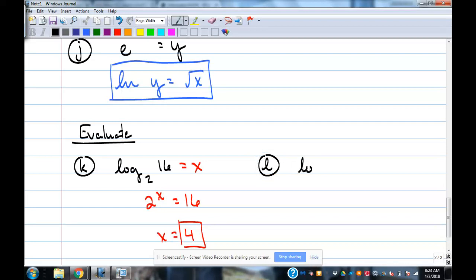What if they told us log base 4 of 1 over 64? They said evaluate that. They said do it without a calculator. So I'm going to set it equal to some variable. You can pick x, or you can pick whatever letter you want to. Just don't pick e. All right, so it'd be 4 to the x power equals 1 over 64.